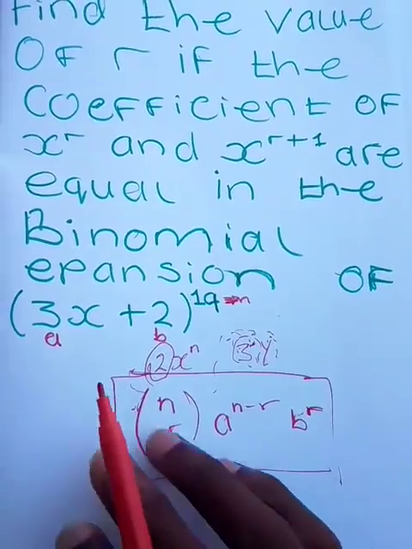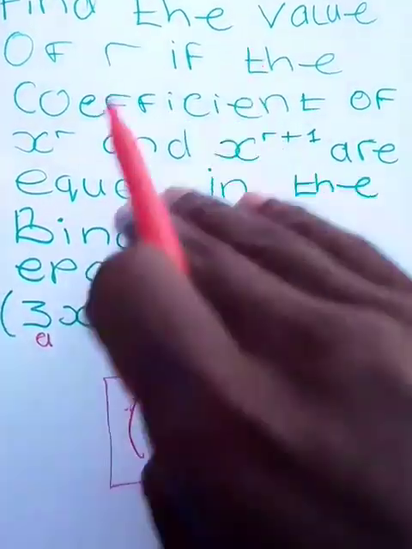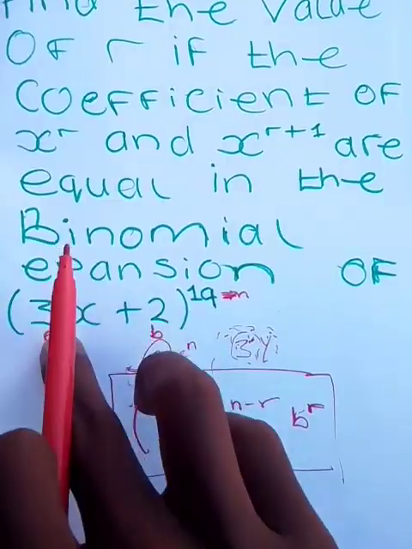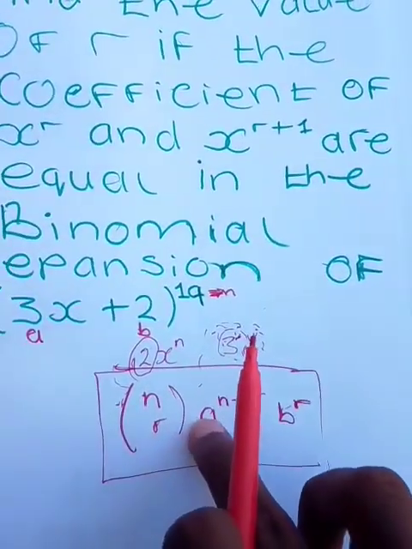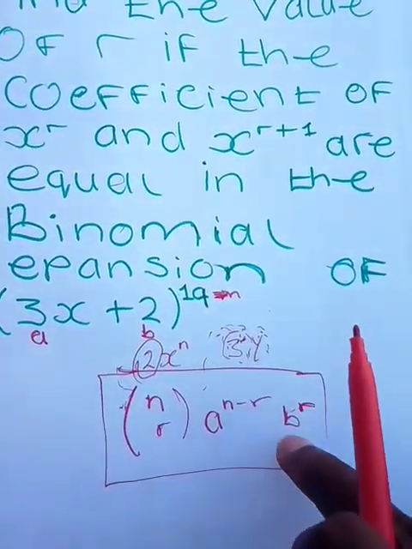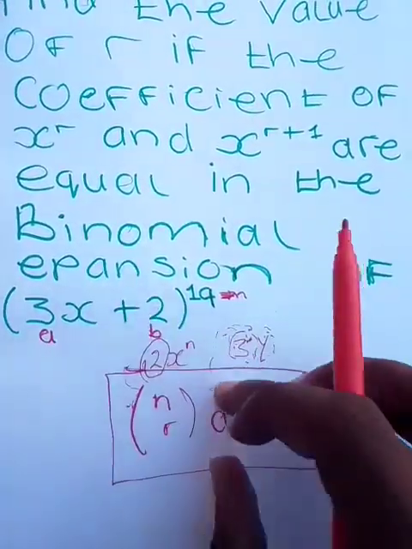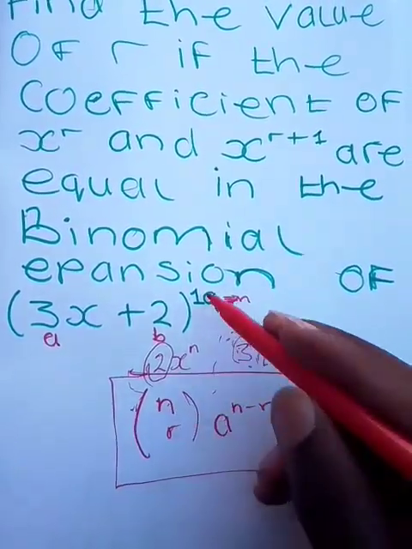So when I start finding the coefficient for this and this individually, my a will be the same on both sides. The a is going to be 3 because there is only one binomial given. So here I'll put 3, where there is b I'll put 2, 3x actually, so I'll put 3x here, and where there is n I'll put 19.